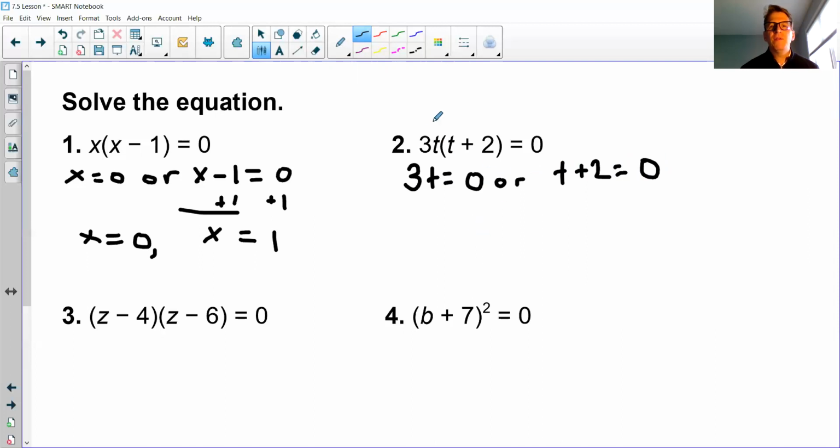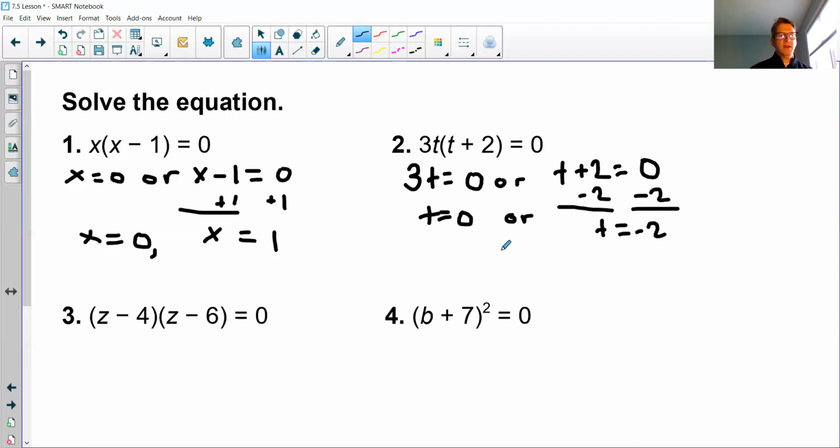Let's solve for t. 3 times t equals 0, so t is equal to 0 on this one. Or subtracting 2 from both sides, you would have t is equal to -2. So we're solving polynomials using the zero product property.